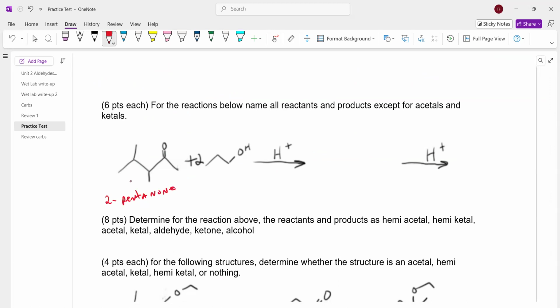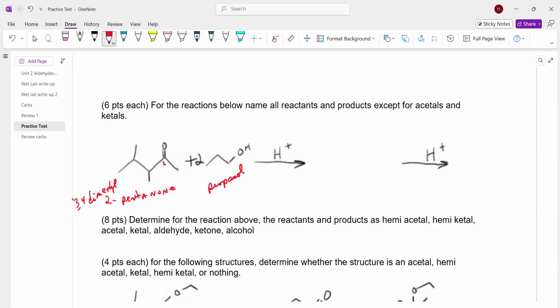And this is 2, 3, 4, methyl 2-pentanone. And this would be 1, 2, 3, so this is going to be a propanol. The propanol is going to react twice.